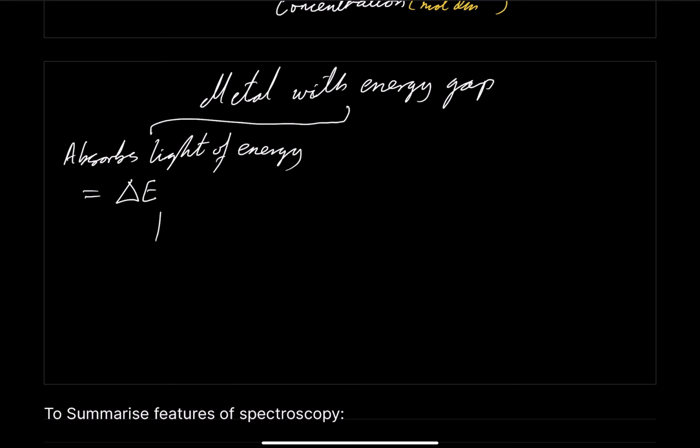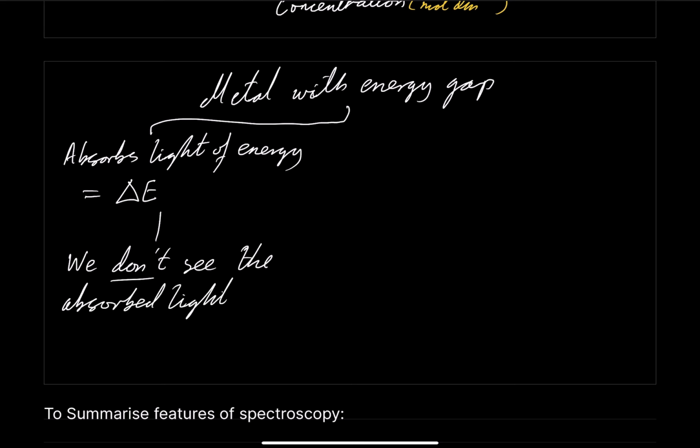And of course, we don't see the absorbed light. We should know that from GCSE, that you don't see absorbed light, only the light that gets emitted or reflected back to you.